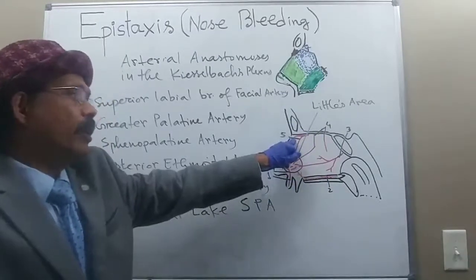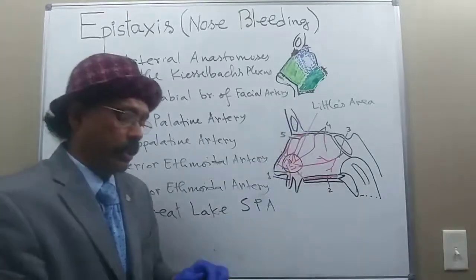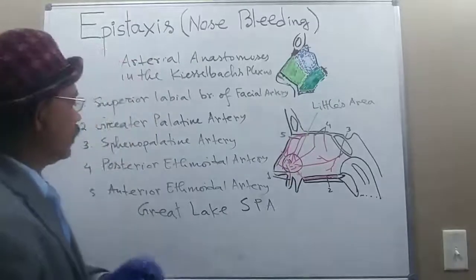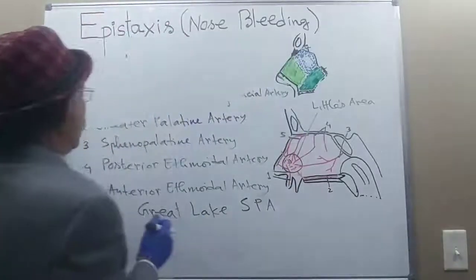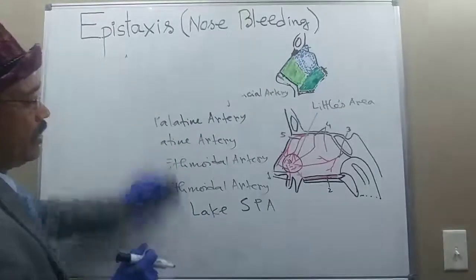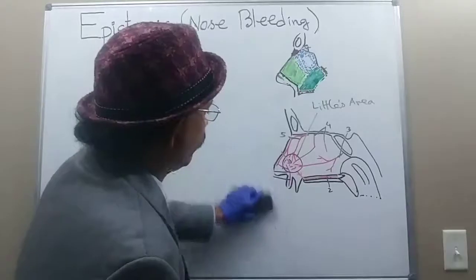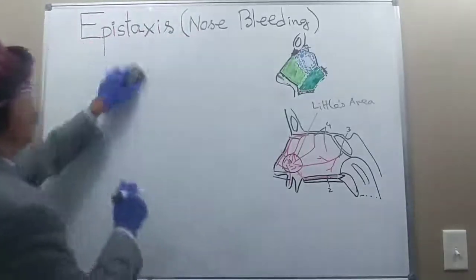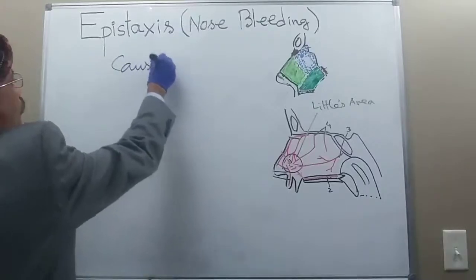This is the anterior ethmoidal artery, a branch of the ophthalmic artery, that is a branch of the internal carotid artery. We got that: the site of hemorrhage, Kiesselbach's plexus, and the arteries forming Kiesselbach's plexus. So now we go to the causes of epistaxis or nose bleeding.